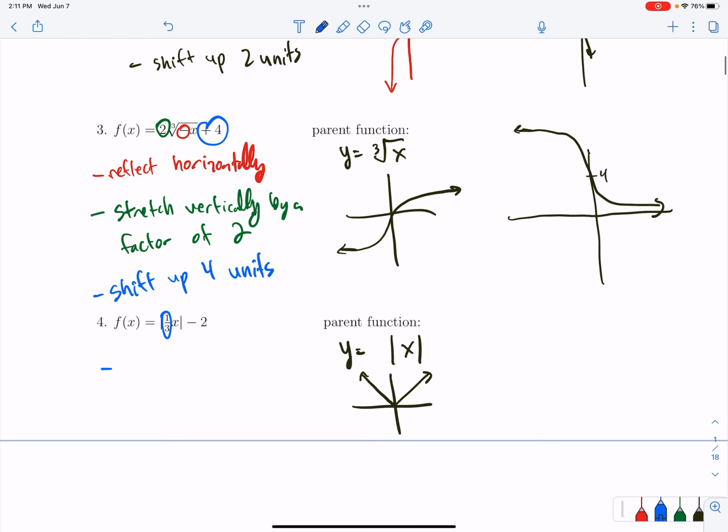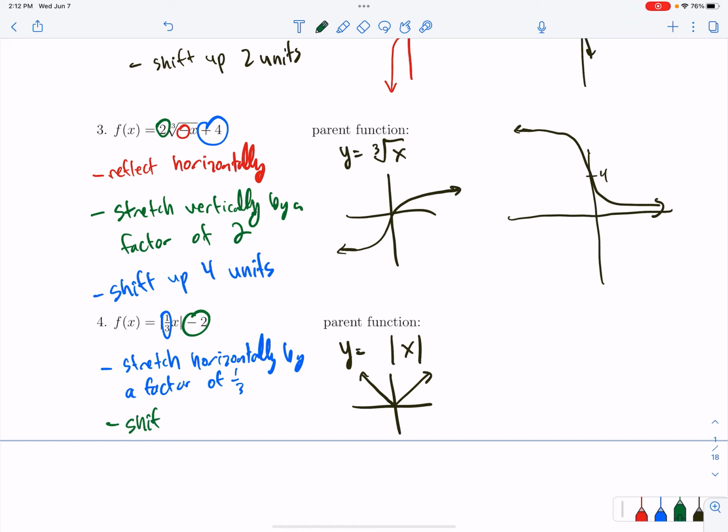When I multiply inside the function by something that is between 0 and 1, that is actually going to stretch out the function. So we would say stretch horizontally by a factor of 1/3. Okay, and then that minus 2, that's going to shift down 2 units.